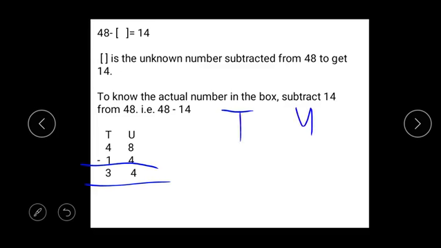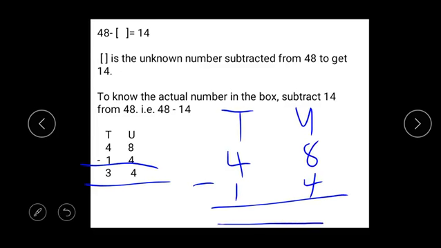Then remember I told you yesterday that the biggest number stays up. So 48, then 14. Remember to put your subtraction sign, the minus sign. Now, remember I told you yesterday that you have to solve the unit part first.